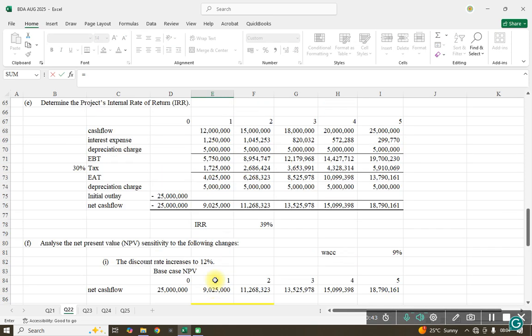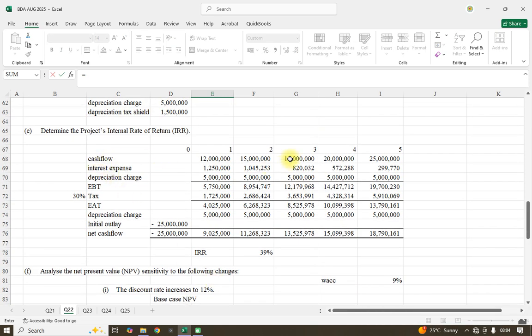So what we had as our cash flow for year 3 was this. We shall multiply by 1 minus 20%, or we multiply by what? 80%. I think the better one will be to multiply by 80%.